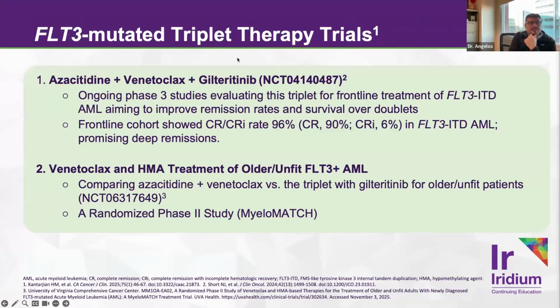So where we're at now is the field is really moving towards trying to combine all of these things together in triplet combinations. I will say that we have probably the most robust data looking at lower intensity azacitidine with venetoclax as a backbone in combination with FLT3 inhibitors. Gilteritinib has been the one that's been most matured and has published phase 1, phase 2 data with now ongoing phase 3 studies that are enrolling.